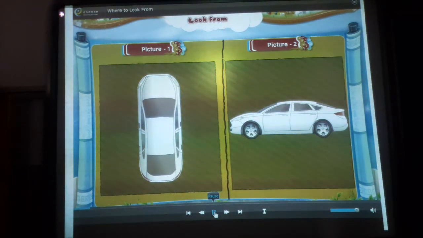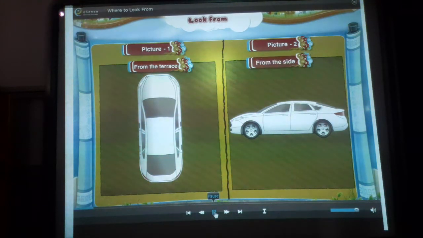So friends, both these pictures appear to be different, but if you observe them carefully, you will notice that in the first picture, the motor car is seen from the terrace, and in the second picture, it is seen from the side.